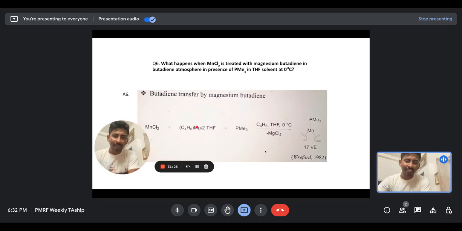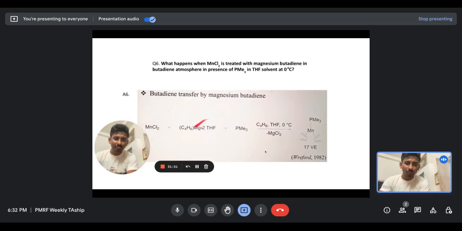So you see here the magnesium octet is not fulfilled, because 2 THF will donate a total of 4 electrons, since each THF is a 2 electron donor through the oxygen center, and C4H6 is a 4 electron donor. So 4 plus 4 is 8. Thus by adding THF, the magnesium octet is actually fulfilled, because magnesium 2 plus is a d8 system here.